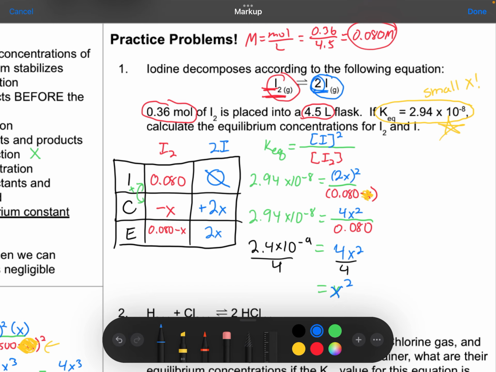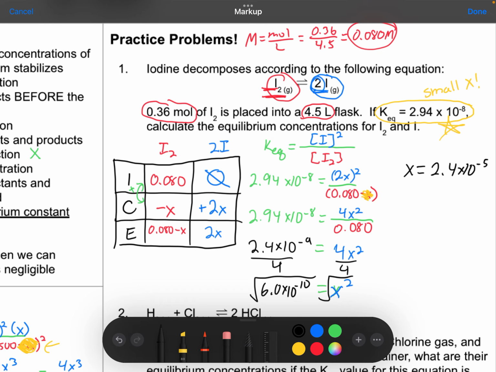Once I divide both sides by 4, I'm going to end up with 6.0 times 10 to the negative 10th. That means I'm going to root both sides, not a cube root this time, just a regular square root. And over here, I'm going to get x is equal to 2.4 times 10 to the negative 5th.